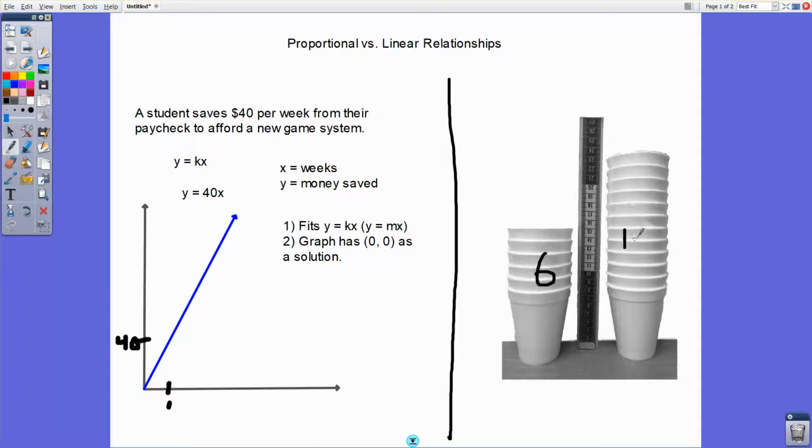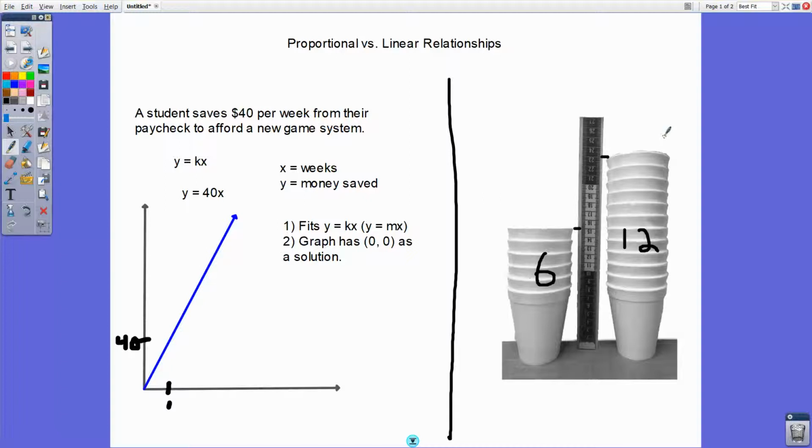If this was a proportional relationship, the height of this stack of cups would be half the height of this stack of cups. Well, this stack is approximately 15 centimeters high, and this stack right here is approximately 23 centimeters high, right?